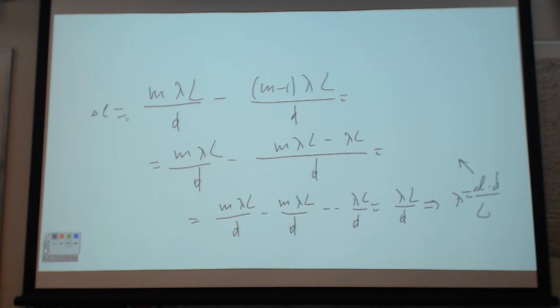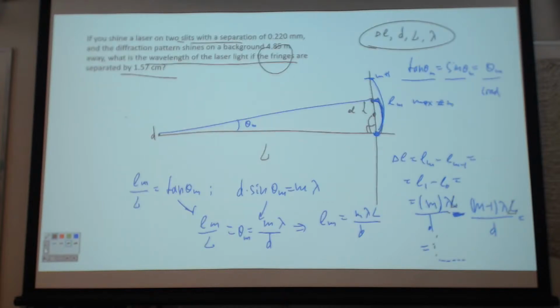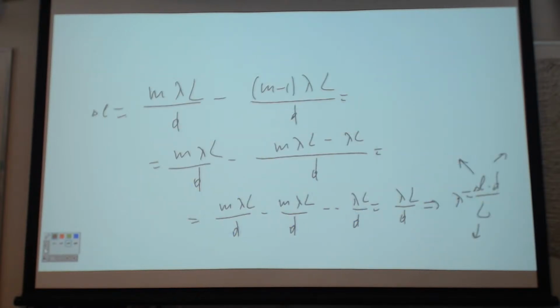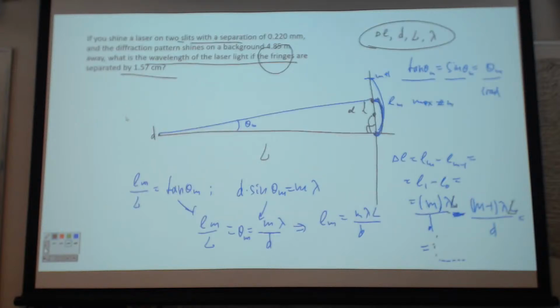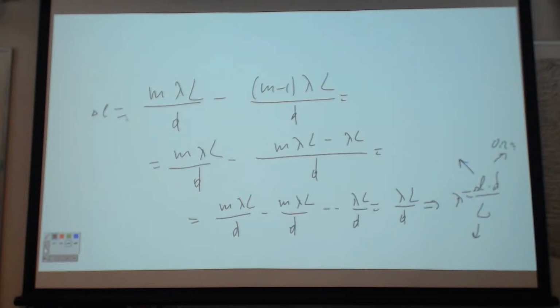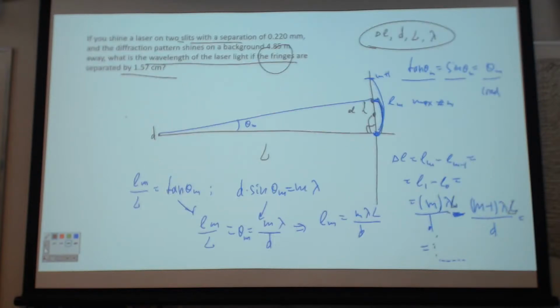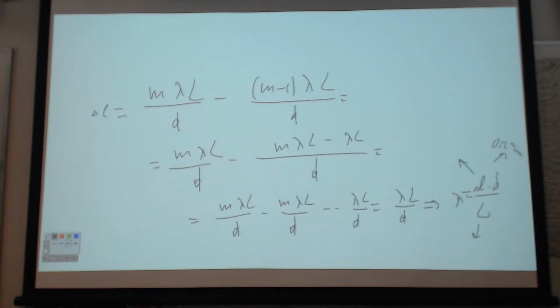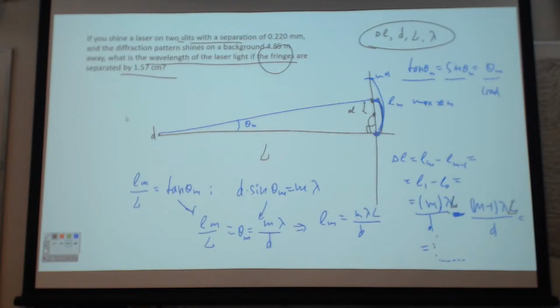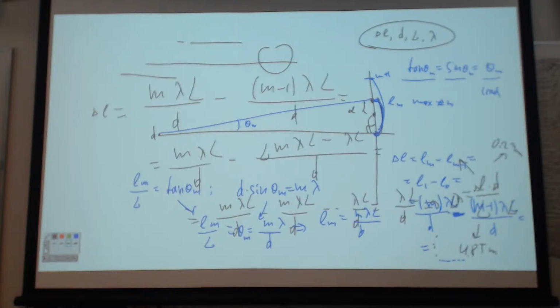And you know all these values. You may have different numbers, but the same units. So slit separation d is 0.22 millimeters, the distance to the screen is 4.85 meters, and the distance between the fringes is 1.5 centimeters.